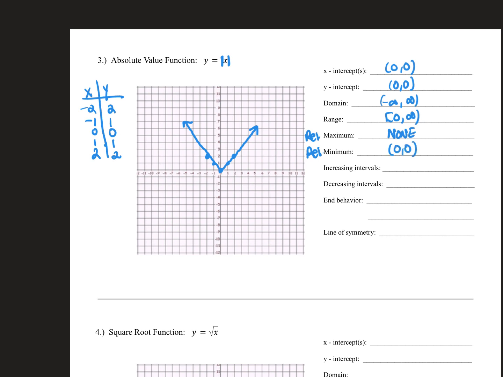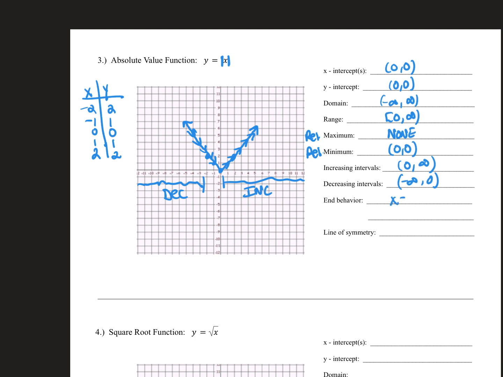And then interval of increasing, well, it's increasing from when x is 0, right? Increasing from 0, we said, to infinity. And then it's decreasing from the left side. And that's from -infinity to 0. Again, those always get parentheses.